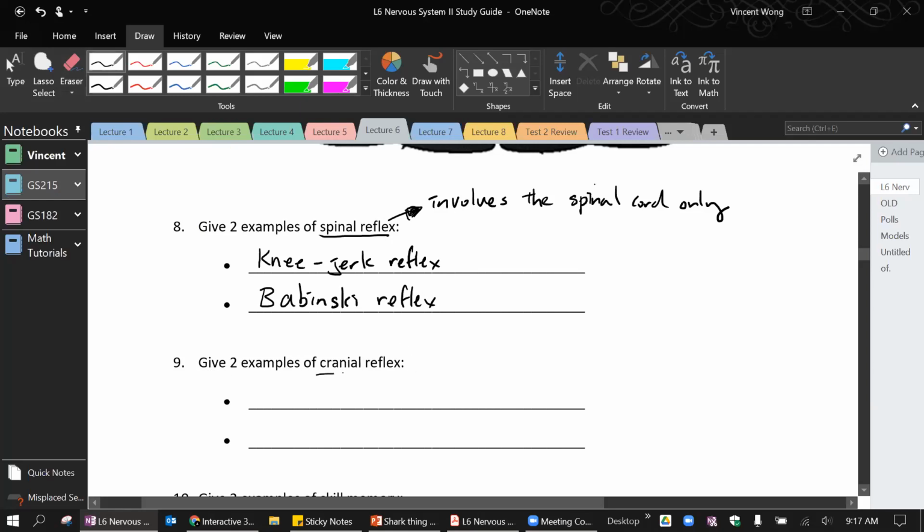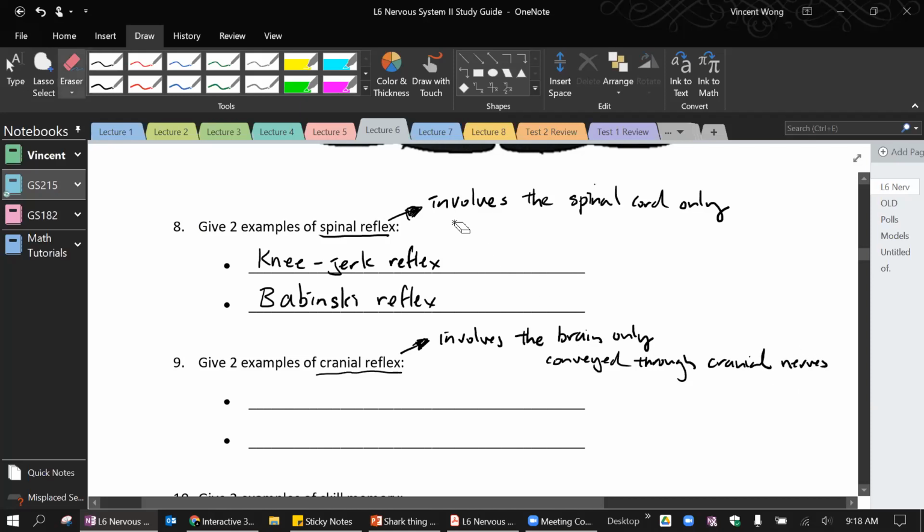Give 2 examples of cranial reflex. These involve the brain only, and it's conveyed through cranial nerves, the 12 pairs of cranial nerves. These are conveyed through cranial nerves, not spinal nerves.